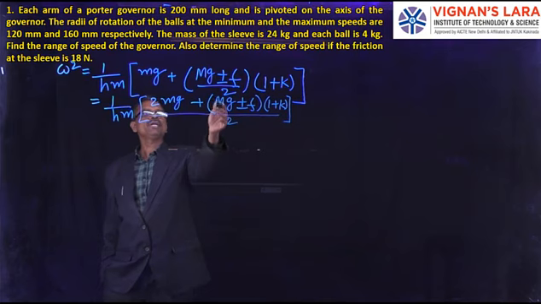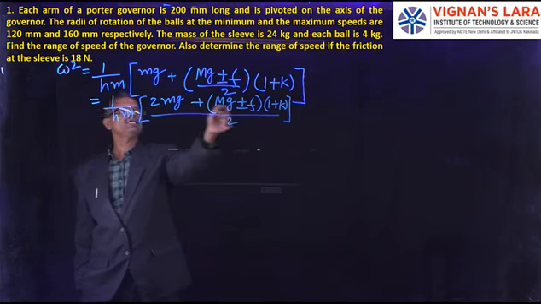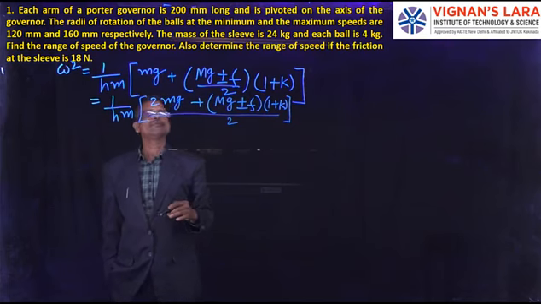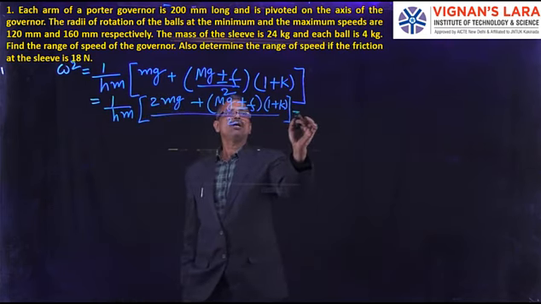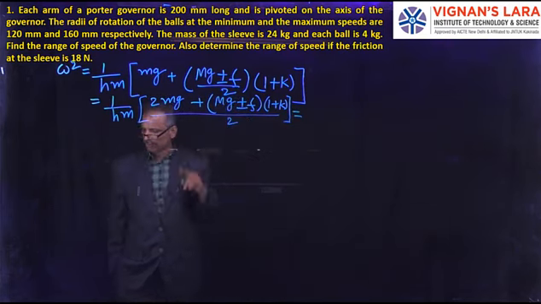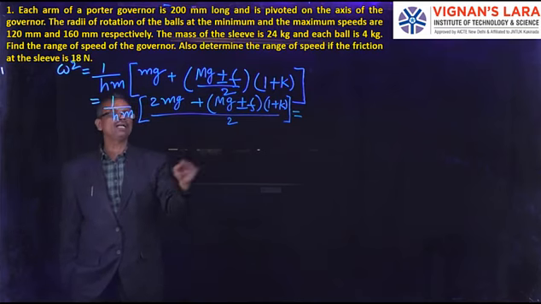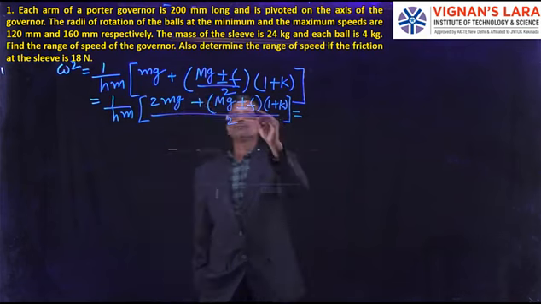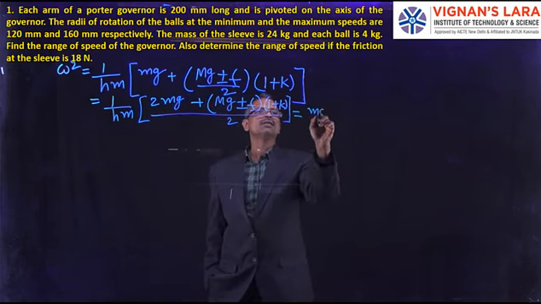So I did simply like this, 2mg into mg plus or minus f into 1 plus k by 2. So I can also multiply and divide by mg.